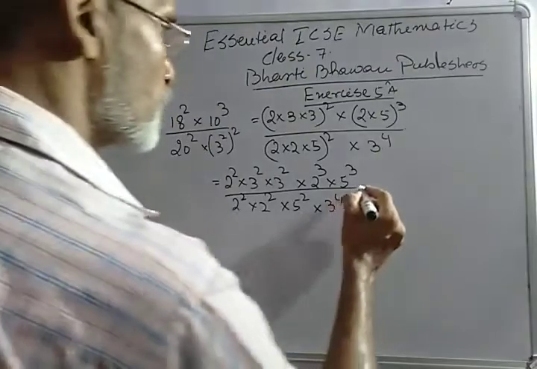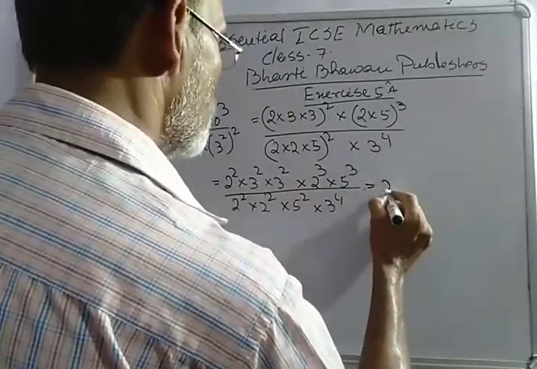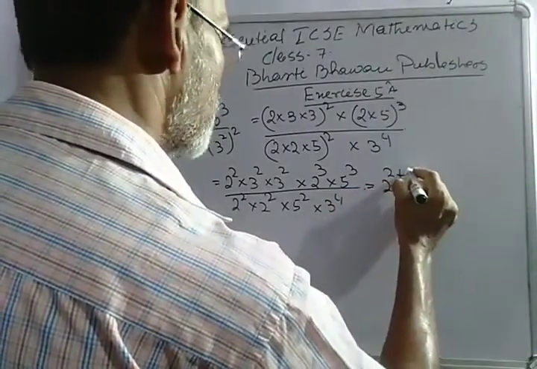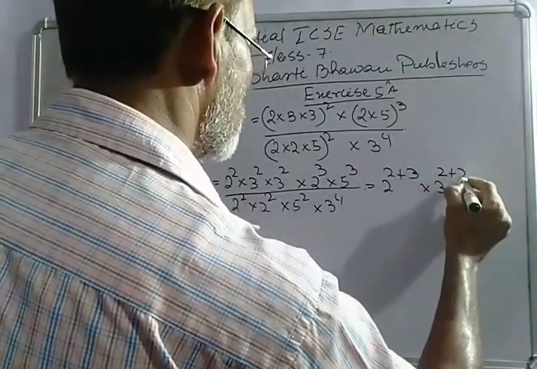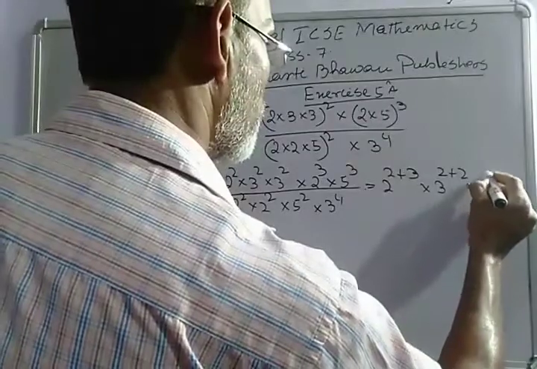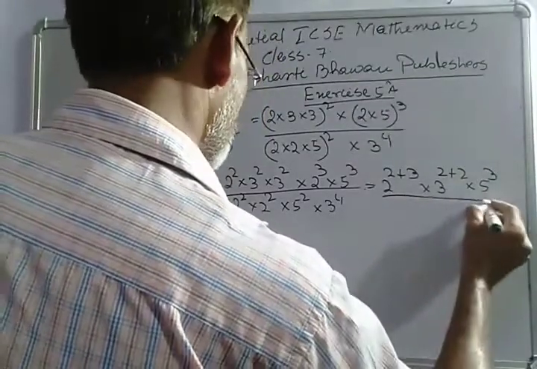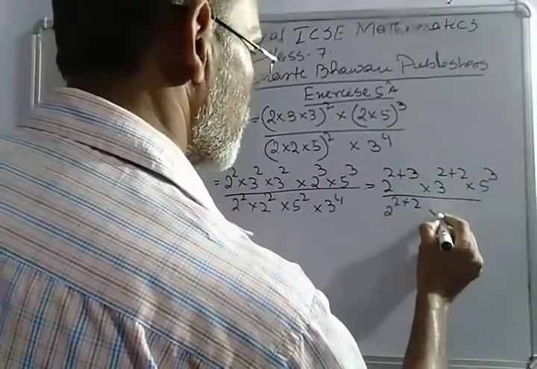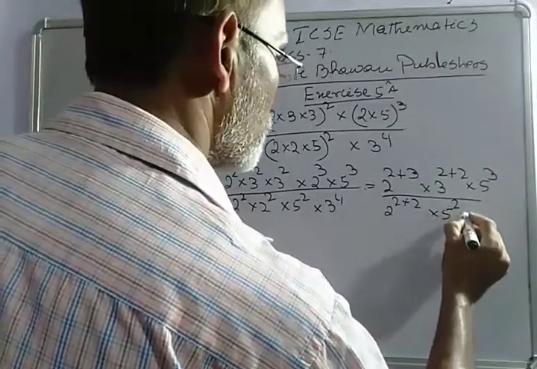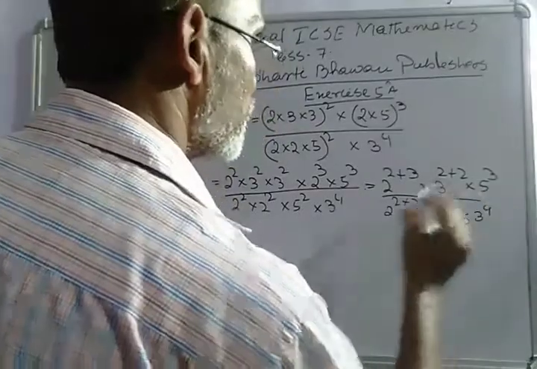So this is equal to 2 to the power 2 plus 3 into 3 to the power 2 plus 2 into 5 to the power 3 by 2 to the power 2 plus 2 into 5 to the power 2 into 3 to the power 4.